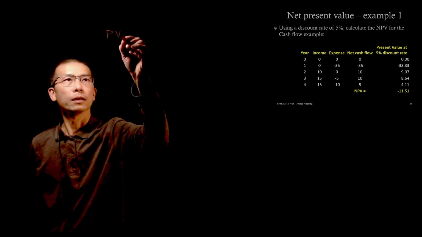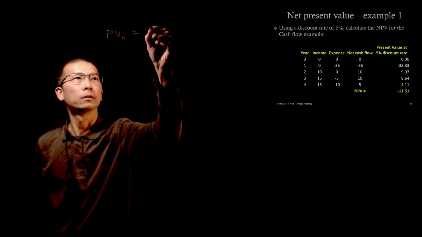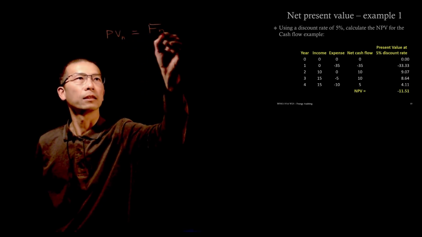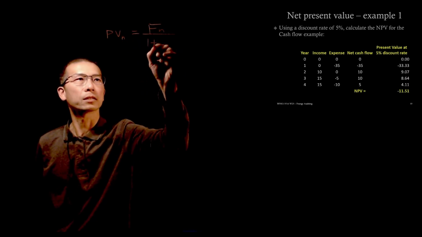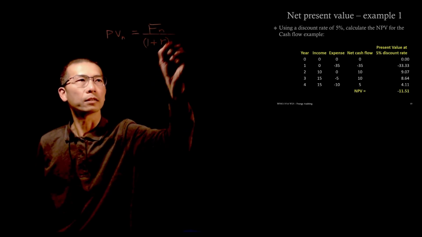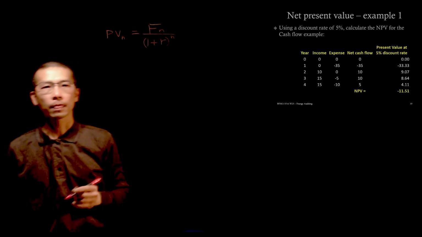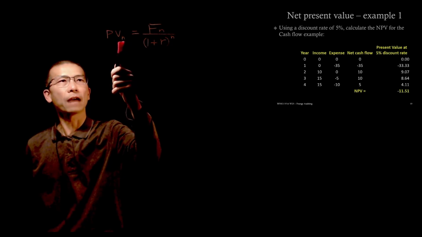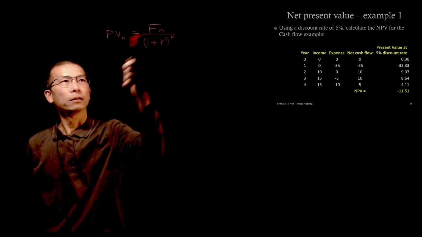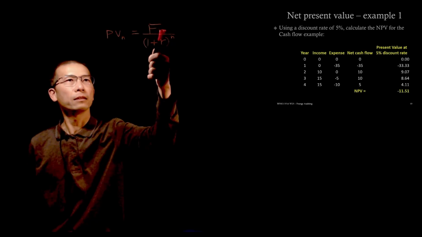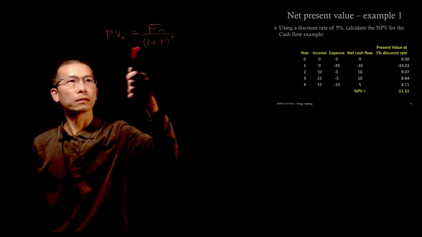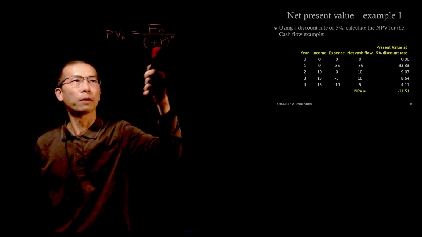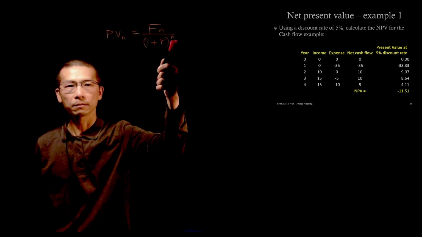PV_n equals F_n divided by (1 plus r) to the power of n. The present value of F_n after so many years is equal to F_n divided by (1 plus r) to the power of n.